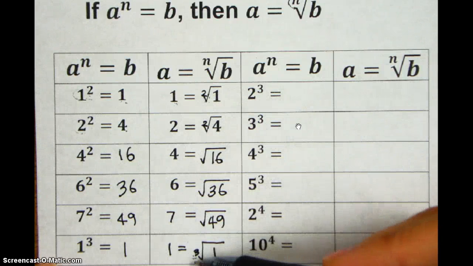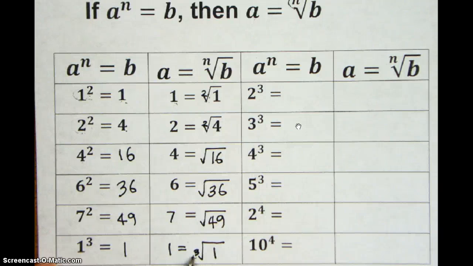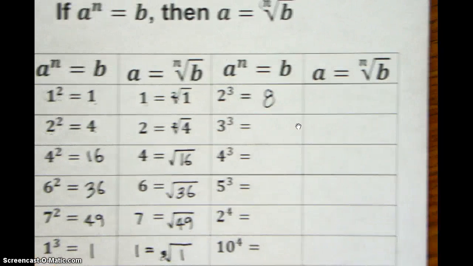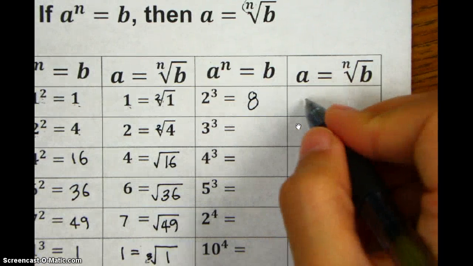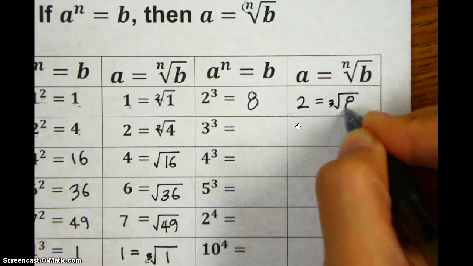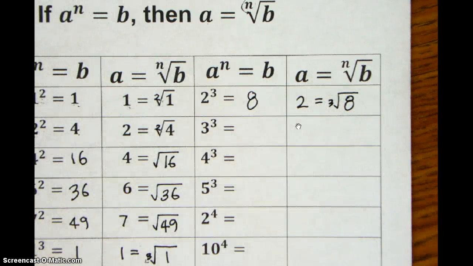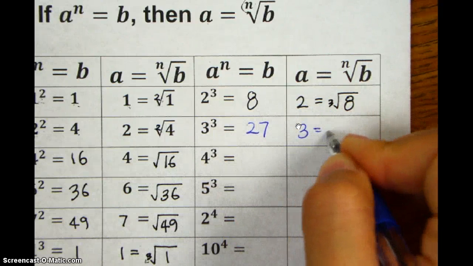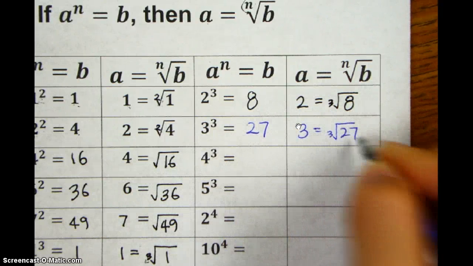So now we're going to use this index number. 2 to the third power is 8. So we can say 2 is the third root of 8. 3 to the third power is 27. So we can say 3 is the cube root of 27.